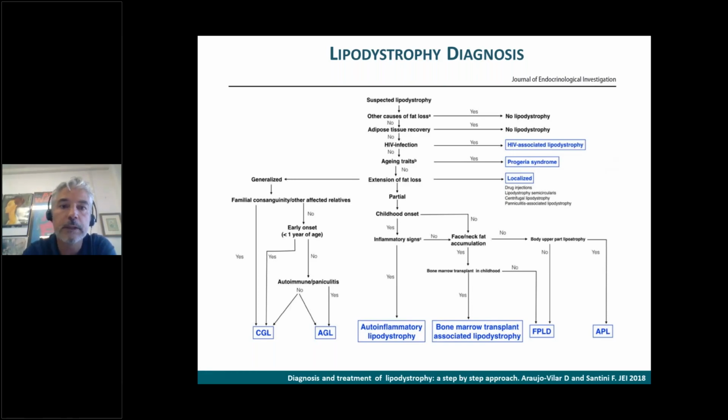This is very frequent in HIV-infected patients because antiretroviral therapy can cause a secondary lipodystrophy. And ask yourself when lipodystrophy started developing. So in the first months or years, or later on, likely an acquired form, therefore.